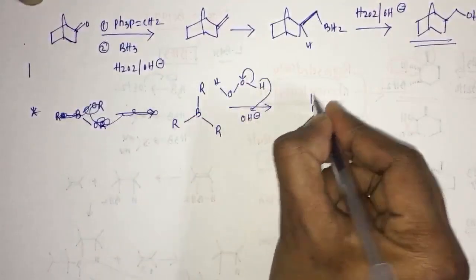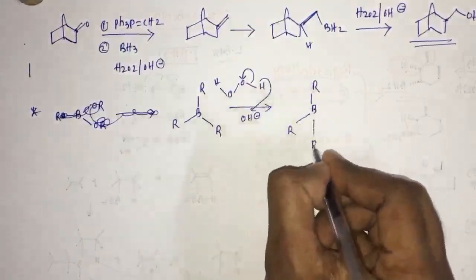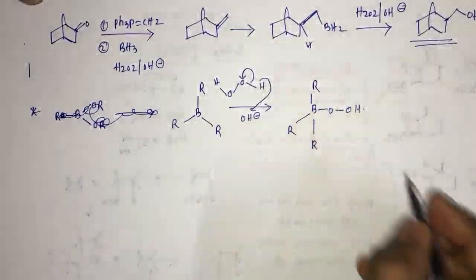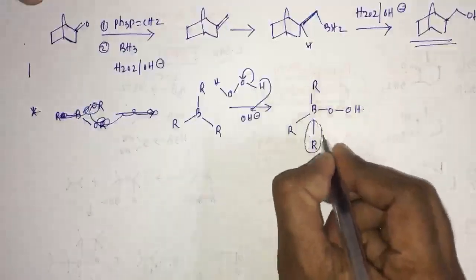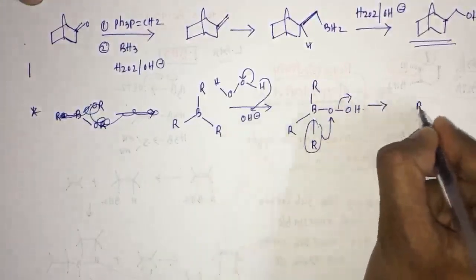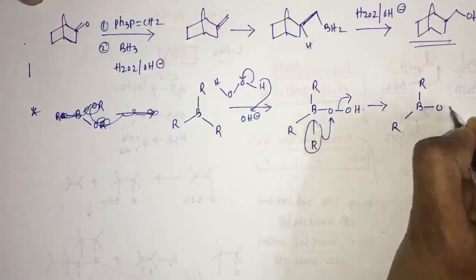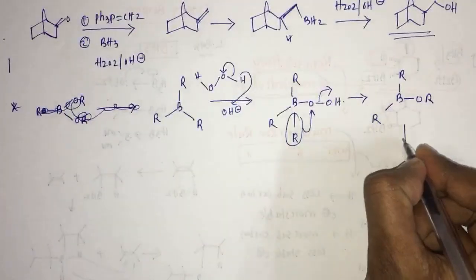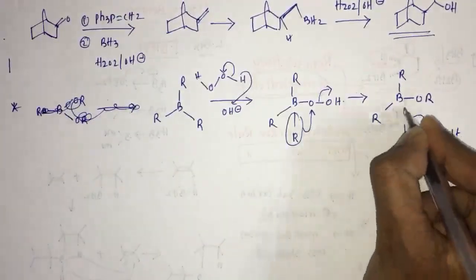Now this O minus attacks the boron. Now in the next step, this R group migrates from here to here and OH gets eliminated. B, R, R, OR, and next one more H2O2 comes that attacks the boron.